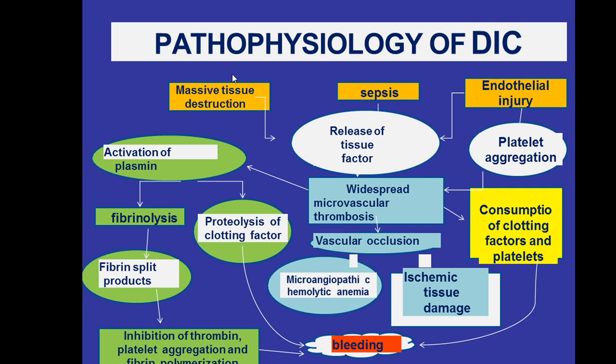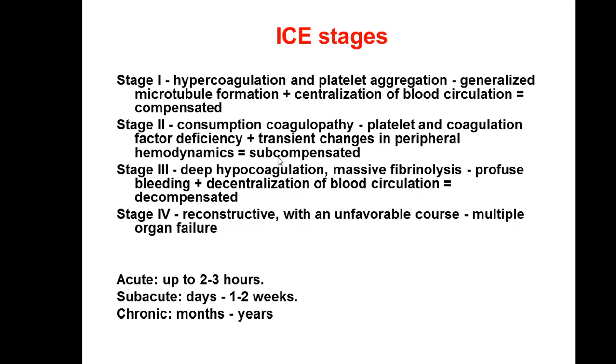And here we have the stages of disseminated intravascular coagulation. First is the hypercoagulation phase with platelet aggregation, generalized microthrombus formation, and centralization of blood circulation. This stage is compensated.